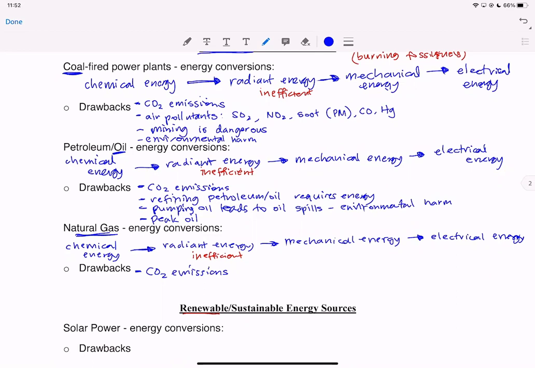So we're going to have to somehow replace coal, oil, and natural gas if we are going to reduce our carbon dioxide emissions by 2030 and 2050. Natural gas is a gas, and it is unstable to transport.